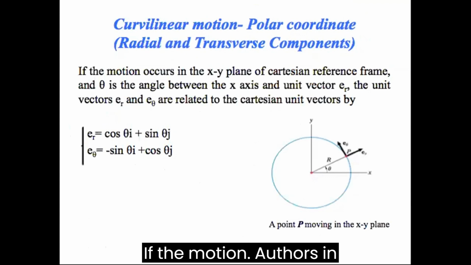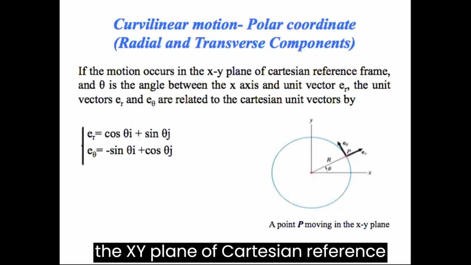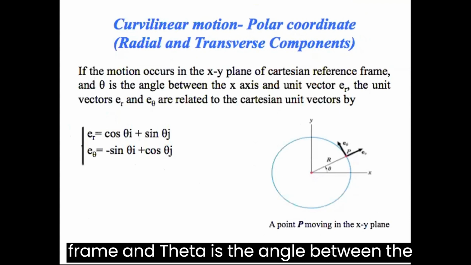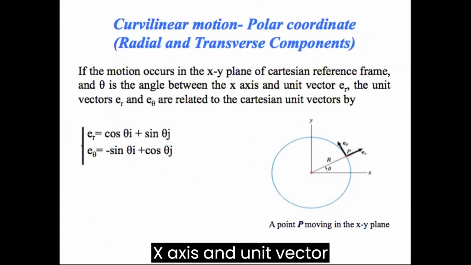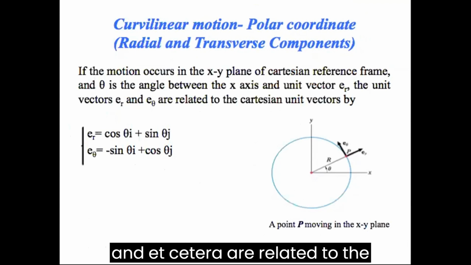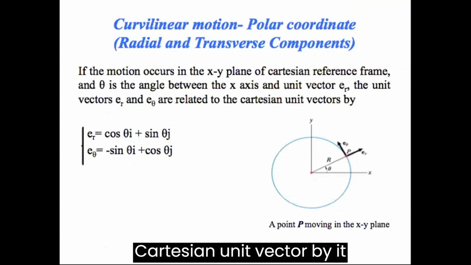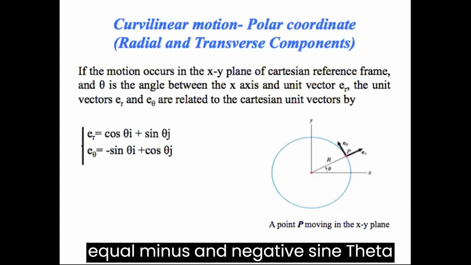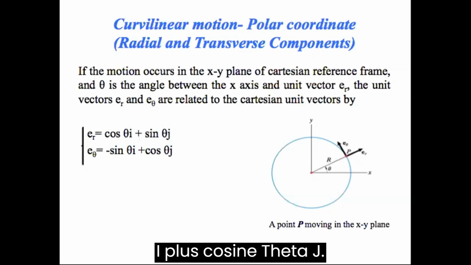If the motion occurs in the xy plane of a Cartesian reference frame and theta is the angle between the x-axis and unit vector e_r, the unit vectors e_r and e_theta are related to the Cartesian unit vectors by e_r equals cosine theta i plus sine theta j, and e_theta equals negative sine theta i plus cosine theta j.